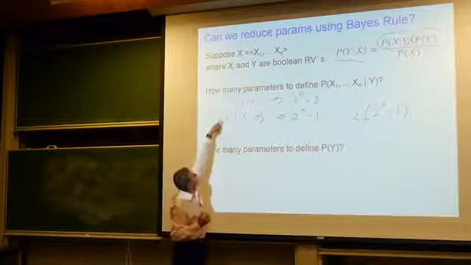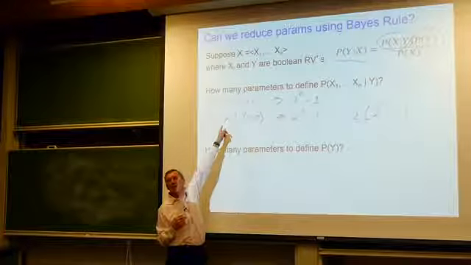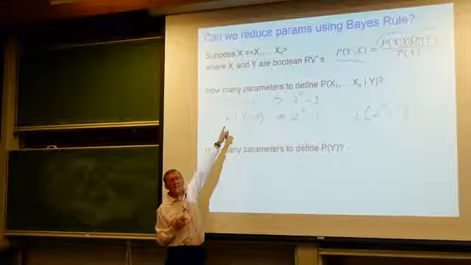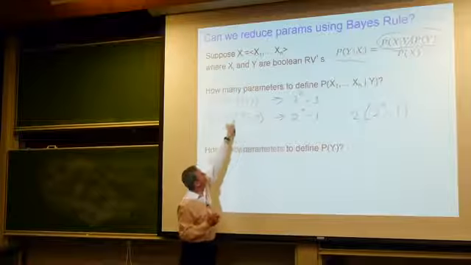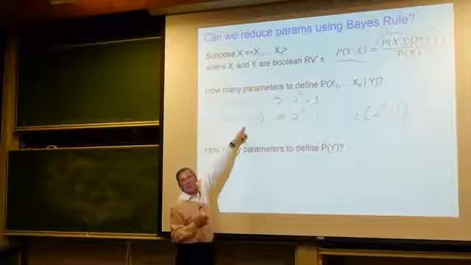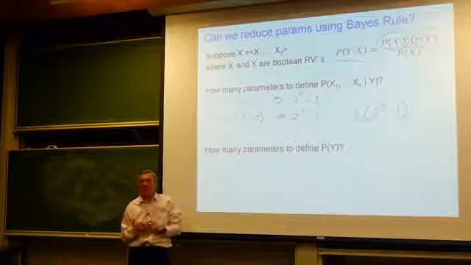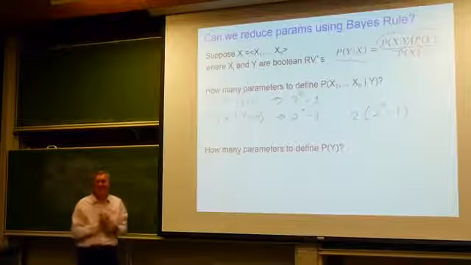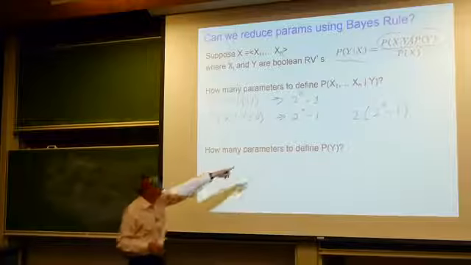Is there something we can do here because they sum to 1? No. We can't tell anything about the probability of x given y equals 0 once we know x given y equals 1. There's no calculatable thing there that has to sum to 1. So we really do need that many.